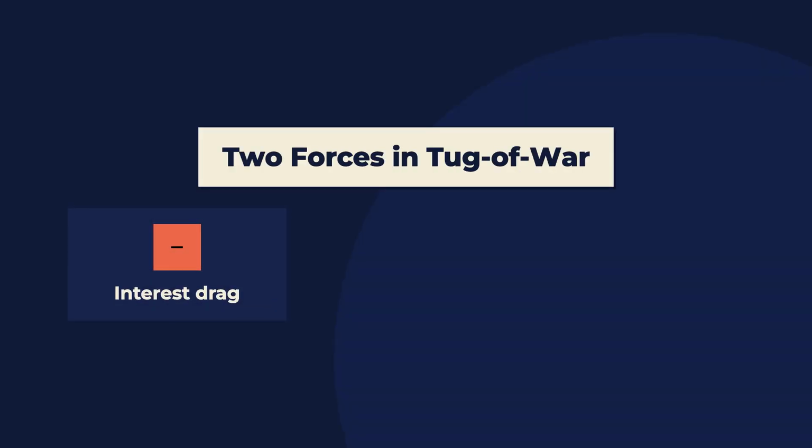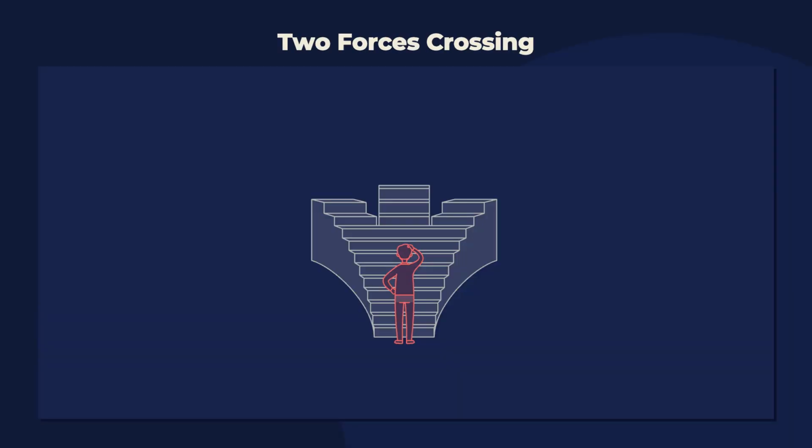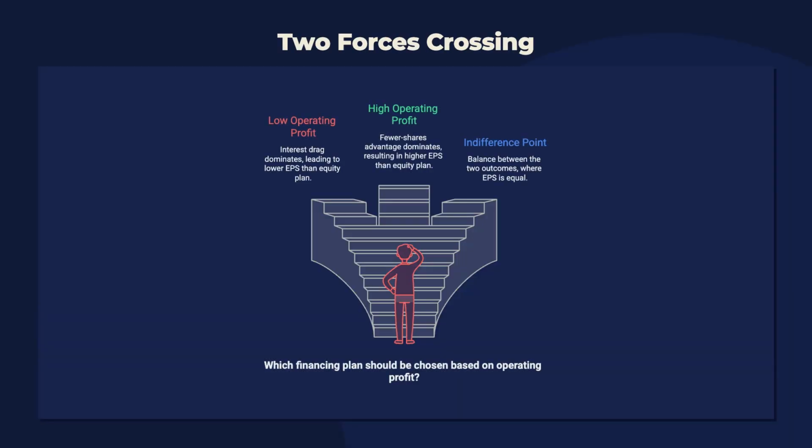The switch happens because two forces fight inside the levered plan: a fixed interest charge that drags earnings down, and fewer outstanding shares that boost earnings per share. Which force dominates depends on how high operating profit is. At low operating profit, the fixed interest charge eats a large share of thin earnings, so the levered plan falls behind.